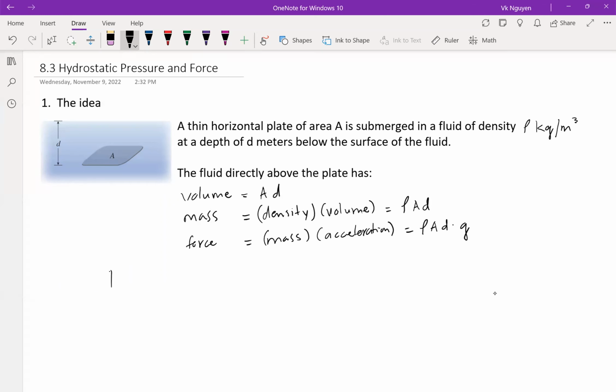So pressure on the plate is force over area, or P equals F over A. We know the force is mass times acceleration, rho A d g over A. And this simplifies to be rho d g. Very nice formula for the pressure.